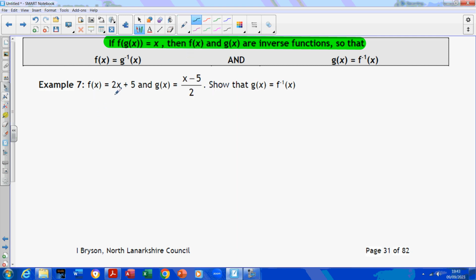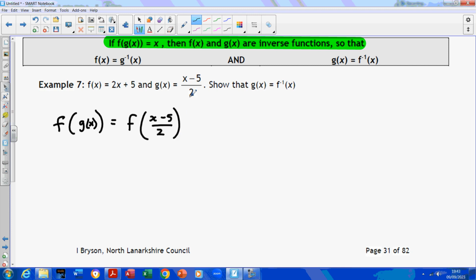So this one here, it says f(x) is equal to 2x plus 5 and g(x) is equal to x minus 5 over 2. And we've got to show that g(x) is the inverse of f(x). So how do we do that? We do f of g of x, or the other way around, it doesn't matter, and we want a final answer of x. So we've got f, we'll leave that in there, we put in g(x) as x minus 5 over 2.